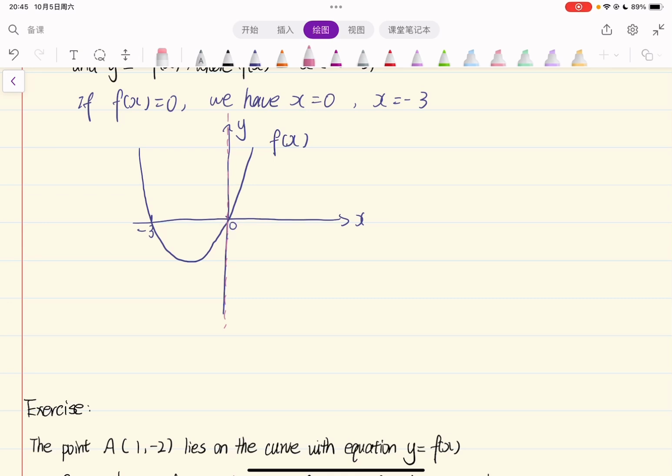It looks like that. That is f(minus x). So it crosses 3.